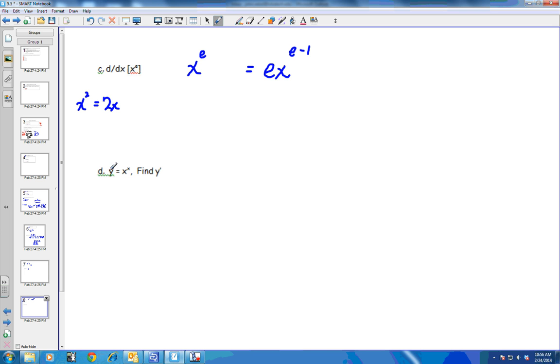And then part D, I have y equals x to the x. Now this one's a little different because I have a variable raised to a variable. All right, there are no rules for this. This does not follow the rule for a to the x because a has to be a constant and x is not a constant.